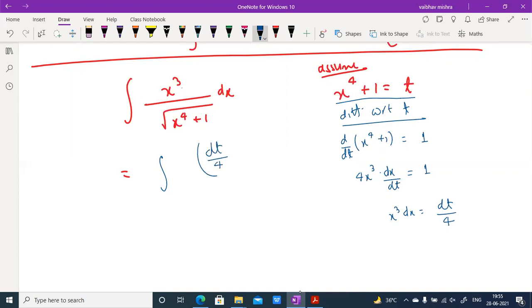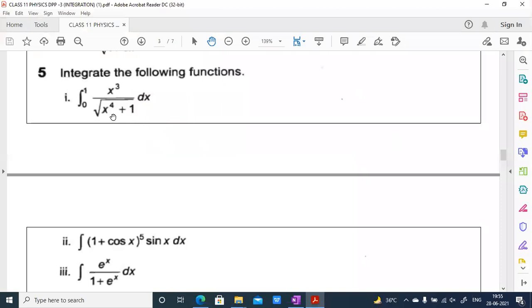x cube dx को हम लिख लेंगे dt by 4 and x to the power 4 plus 1 becomes root of t. So 1 by 4 integration of dt by root t. That becomes the ultimate function. We had to integrate this x cube by root of x to the power 4 plus 1.